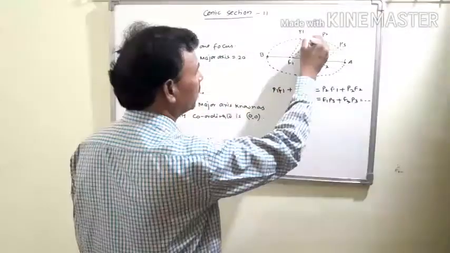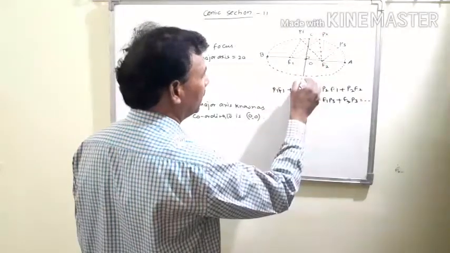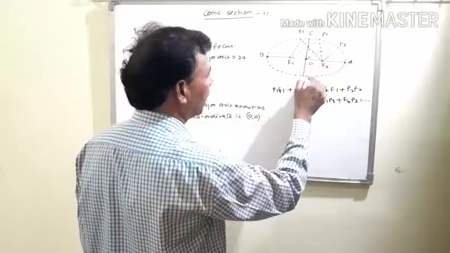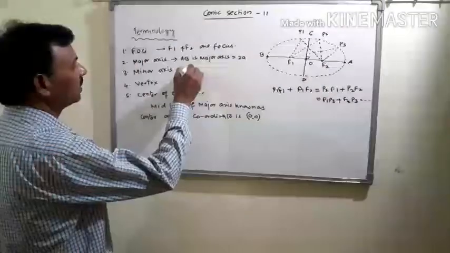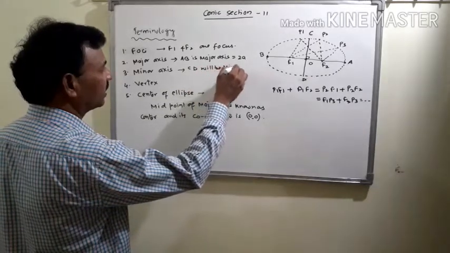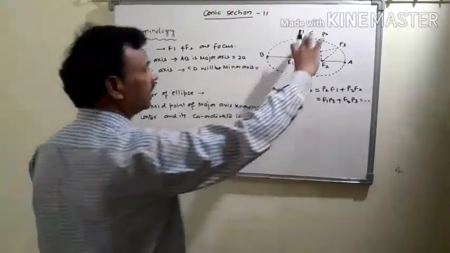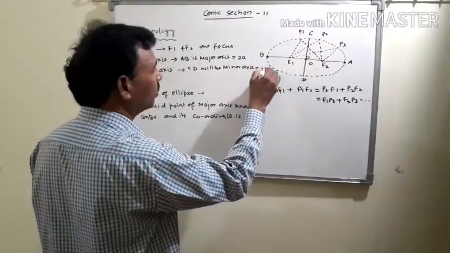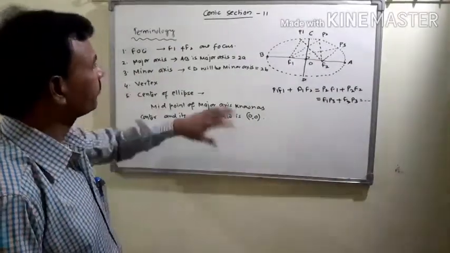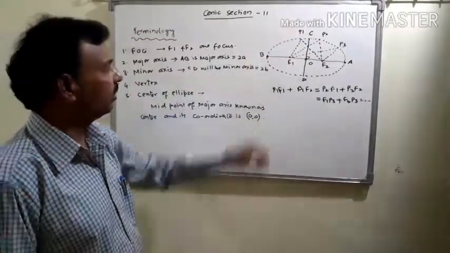Its both ends are denoted by, suppose, capital C and capital D. So CD will be the minor axis, and the length of the minor axis is denoted by 2B.